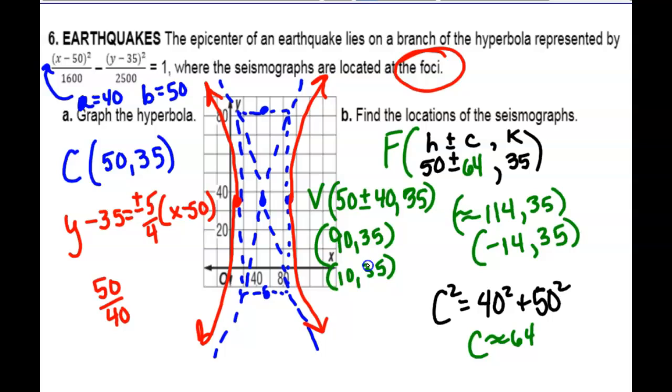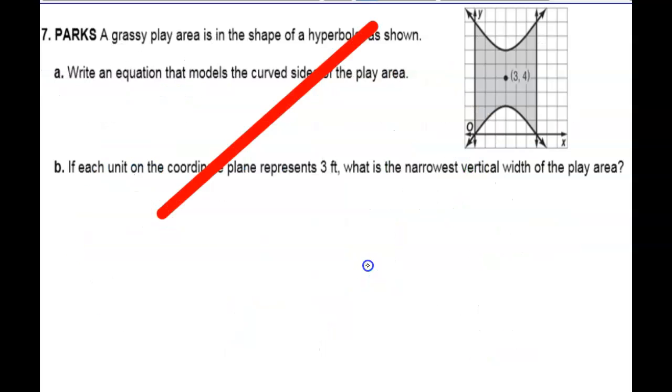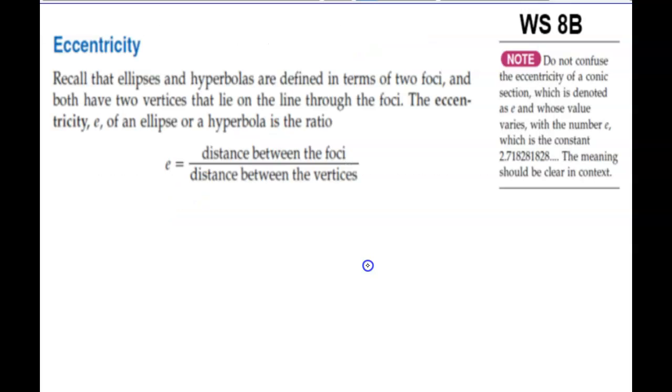All right, good enough. Just practice. And we learned the fact that they can measure the epicenter of an earthquake. Maybe. We're going to skip this one so that we can talk about eccentricity.